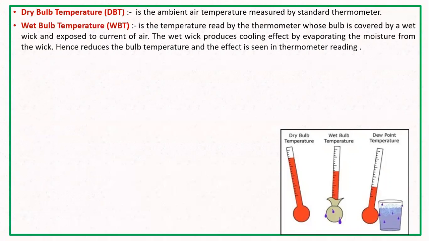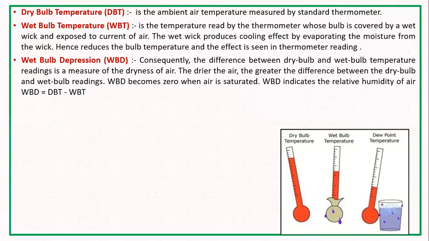When the thermometer is covered by a wet cloth and exposed to a current of air, the moisture present in the wet wick evaporates and cools the bulb inside. Hence, that temperature is known as wet bulb temperature, and it will always be less than the dry bulb temperature, that is DBT.